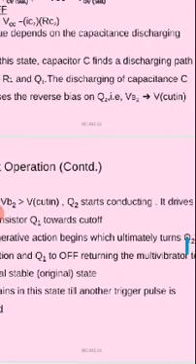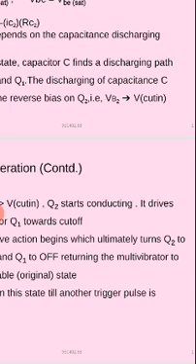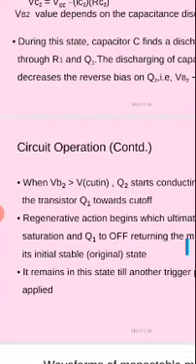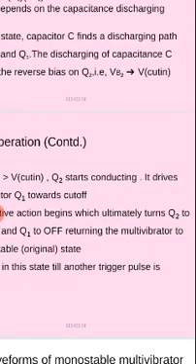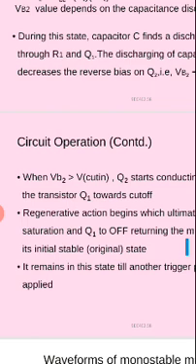Regenerative action begins, which ultimately turns Q2 to saturation and Q1 to off, returning the multivibrator to its initial stable state or its original state.